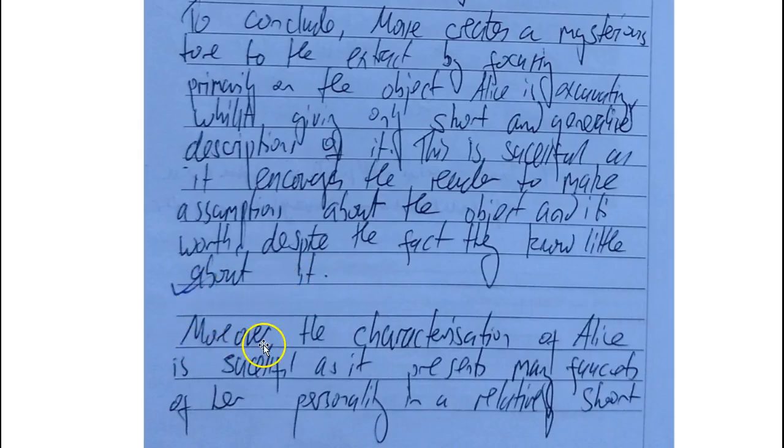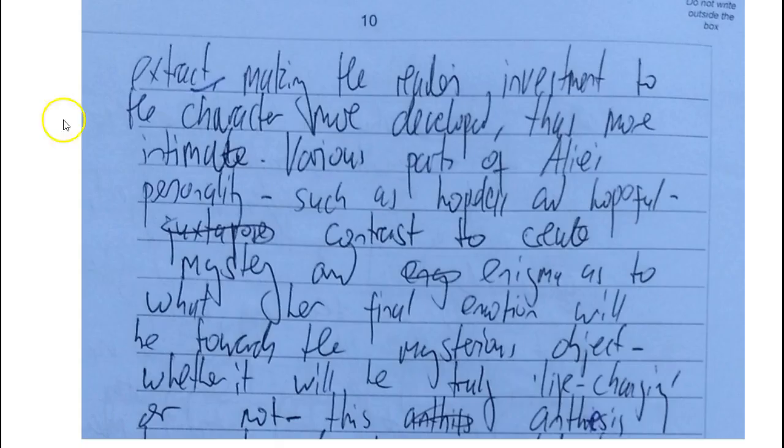"So, moreover, the characterization of Alice is successful as it presents many facets of her personality in a relatively short extract, making the readers invest in the investment to the character more developed." So still not making a brilliant point here because he hasn't got an example.